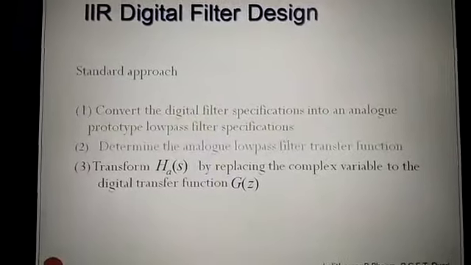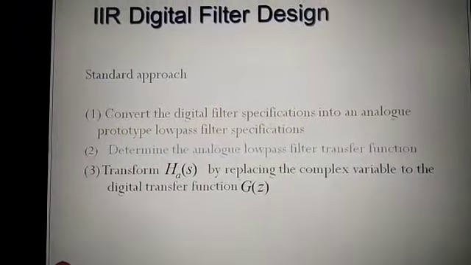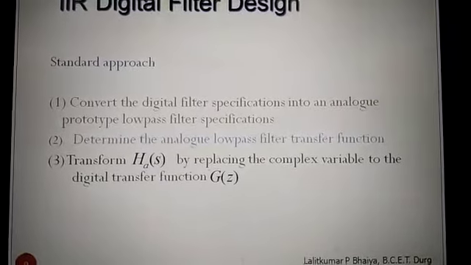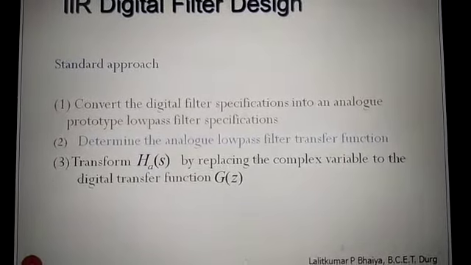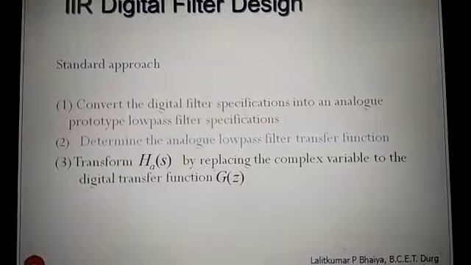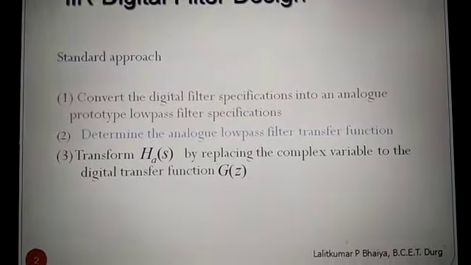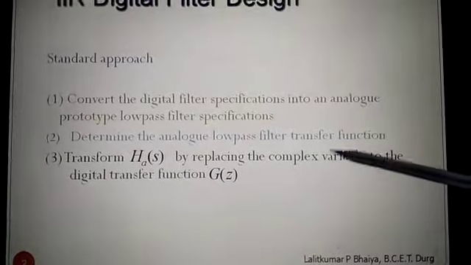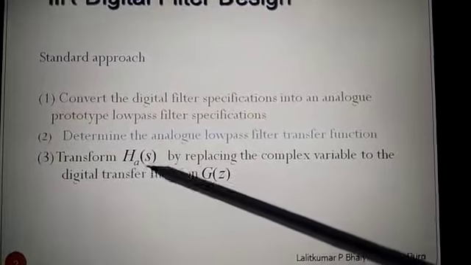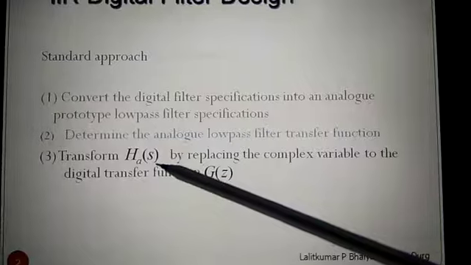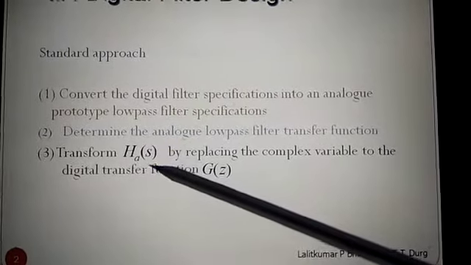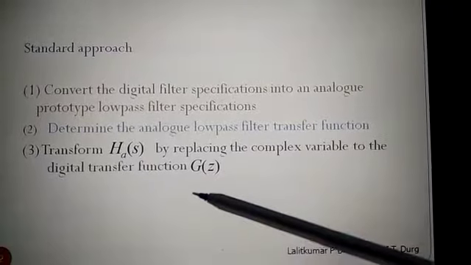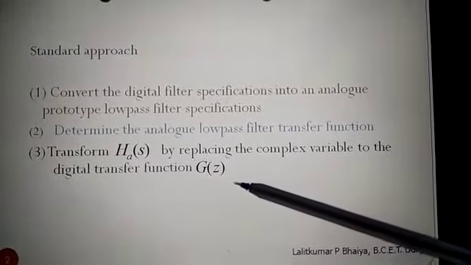Here you can see IIR digital filter design. Convert the digital filter specifications into an analog prototype low pass filter specification. Then determine the analog low pass filter transfer function, and then transform this analog transfer function H_A(S), by replacing the complex variable, into the digital transfer function G(Z).